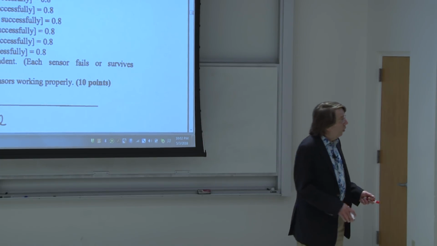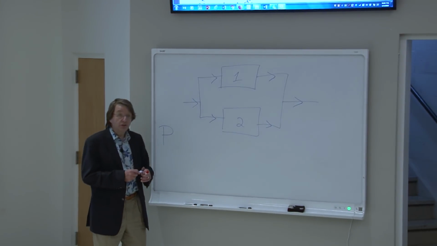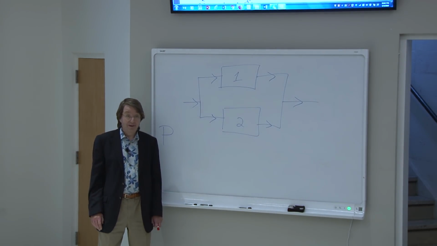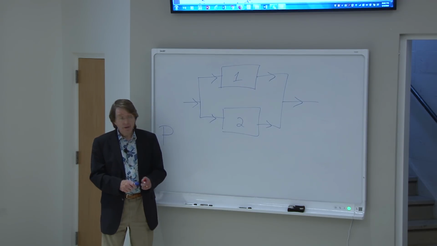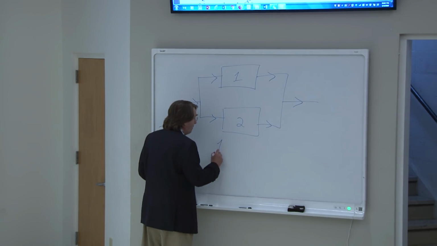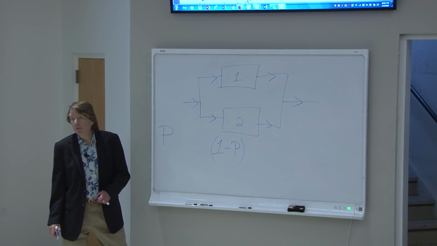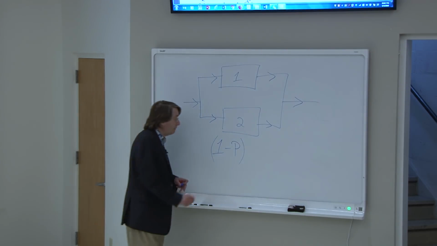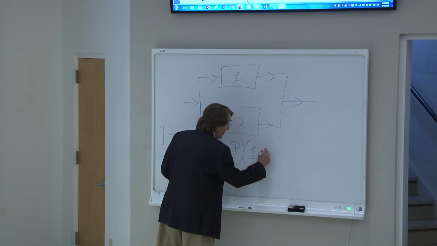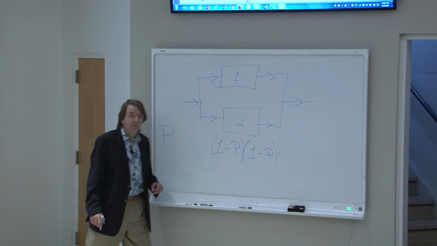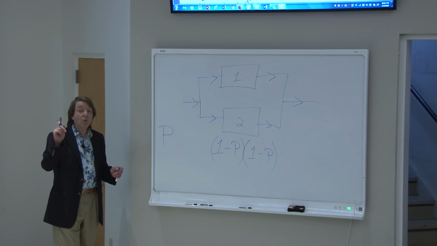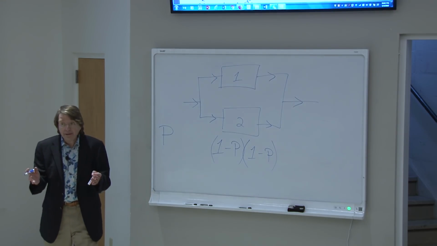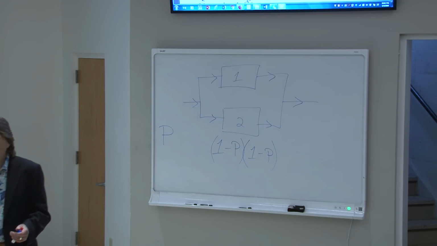Okay? So, what is the only case where this system of sensors does not work? Both paths don't work, and they're independent. So the probability of the upper path not working is 1 minus P. The probability of the bottom path not working, since they're independent, I just multiply them, is 1 minus P. So the probability of the system of sensors not working is 1 minus P, that quantity squared.